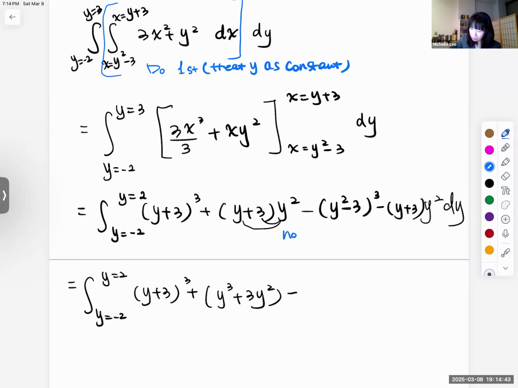We have (a minus b) to the third power, which is a cubed minus 3a squared b plus 3ab squared minus b cubed, right?